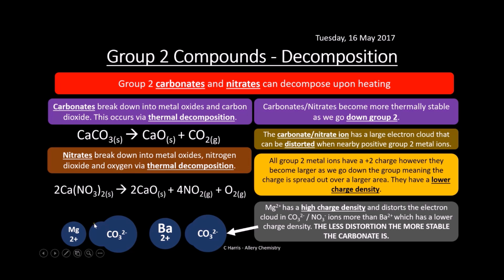So actually the distortion you see is much greater in magnesium carbonate than it is with barium carbonate. And basically the less distortion we have, the more stable the carbonate is. So the most stable carbonate is barium carbonate, compared to magnesium carbonate, which is less stable. Okay, got to remember that little bit. It's a bit tricky. You just got to bear with it.